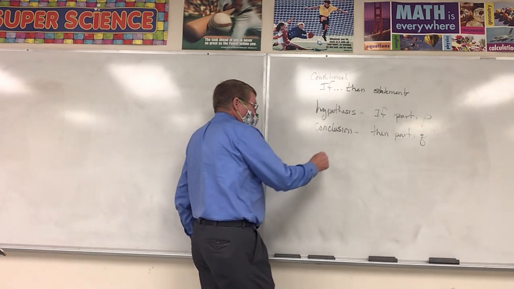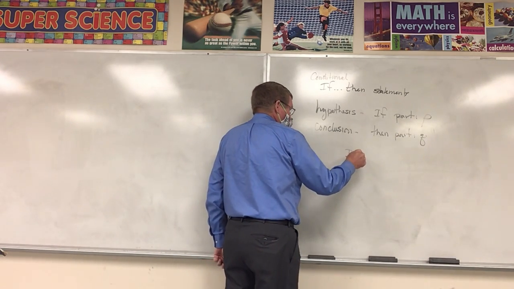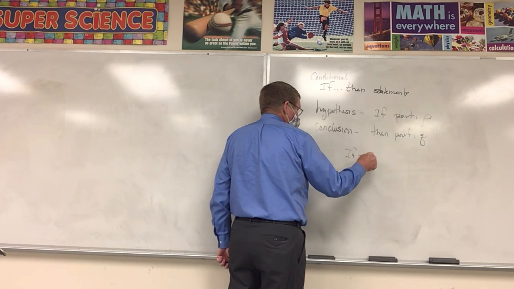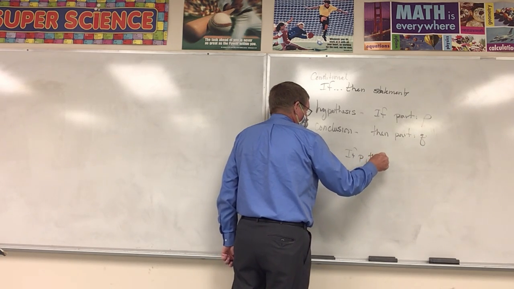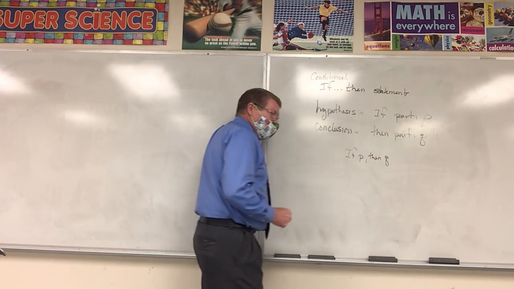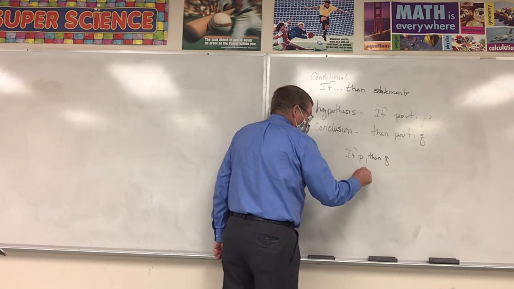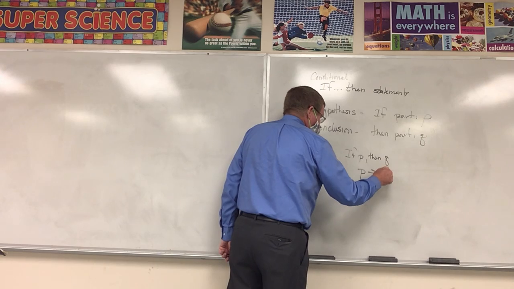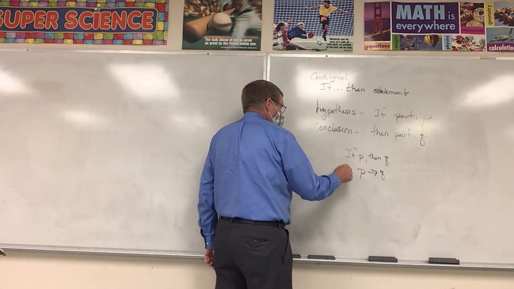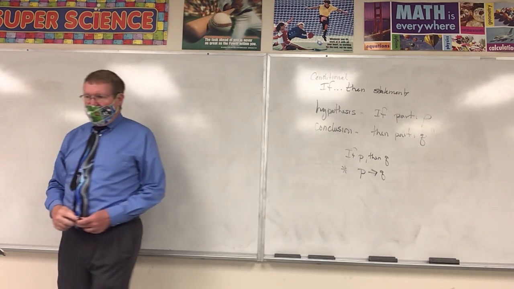We would see our conditional statement as: if P, then Q. We will also see it this way, P arrow Q. This is the way you probably see it most often.